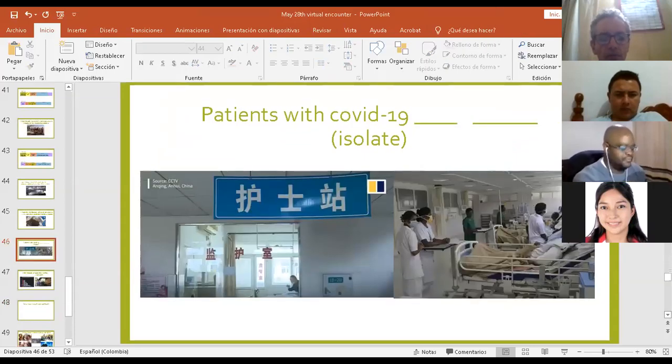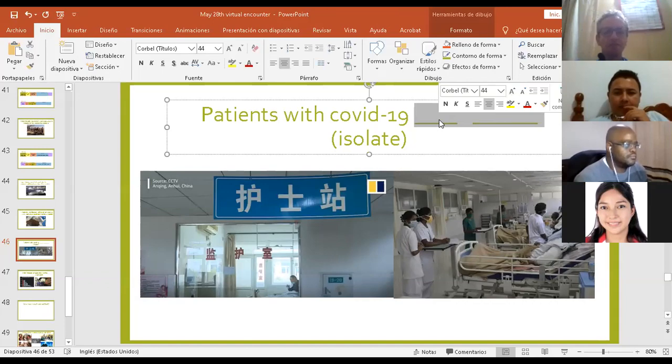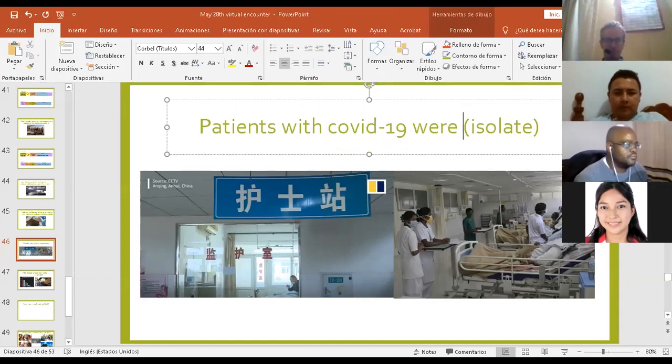And finally, Henry. Patients with COVID-19 were isolated. Good. Okay.